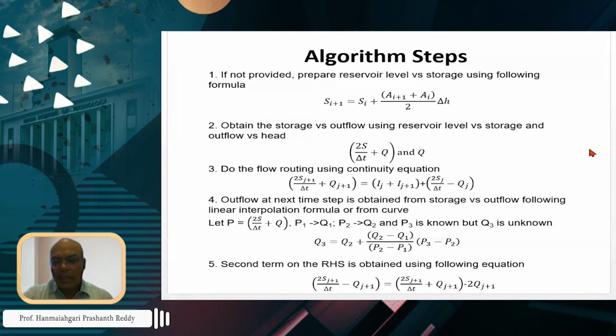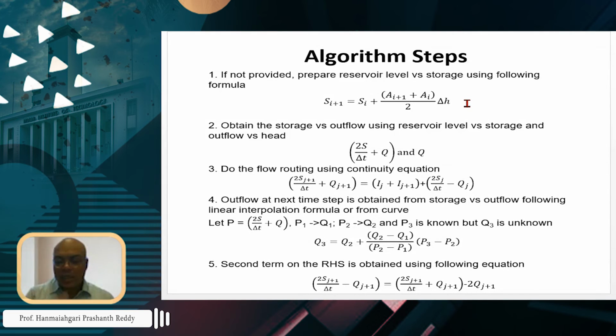We can get that relation from S_{i+1} = S_i + ((A_{i+1} + A_i)/2) ΔH, because the area of the reservoir at different depths is known, since that is determined at construction time itself. Using a planimeter, the contours of the elevations are known.